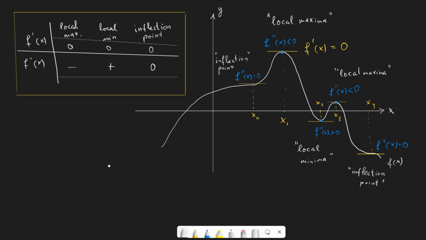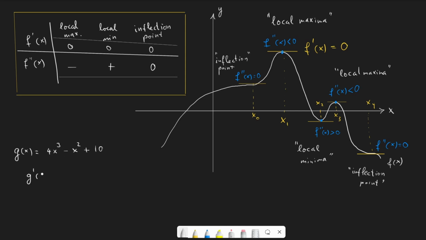And let's just solve a concrete numerical example where we have g of x, and this is 4x to the power of 3 minus x squared plus 10. So here we have this function, and we would like to find all the local extremas for this function.